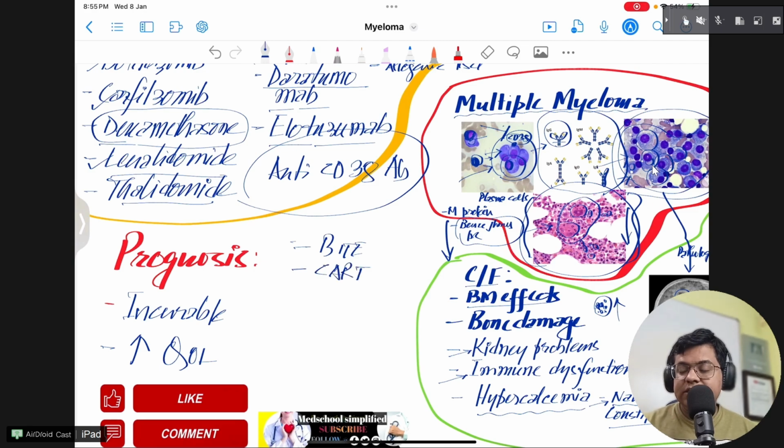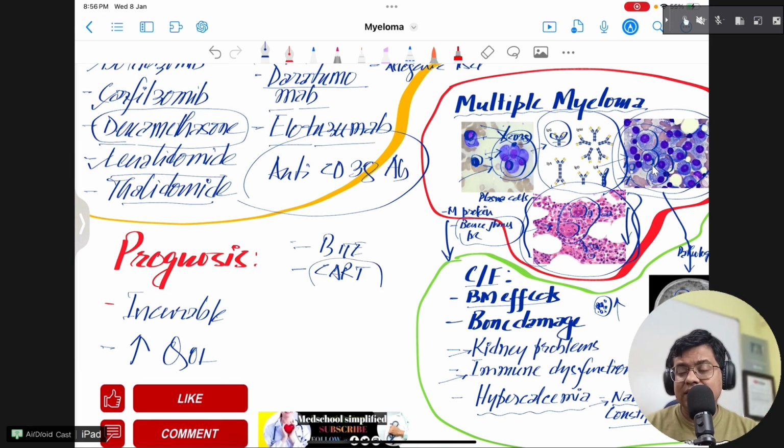Now bispecific antibodies are some antibodies developed in labs, which are specific for some molecules on the surface of plasma cells, and those bispecific antibodies also target the CD3 marker on the T cells, and thereby they cause activation of the T cells, and those activated T cells kill these myeloma cells.